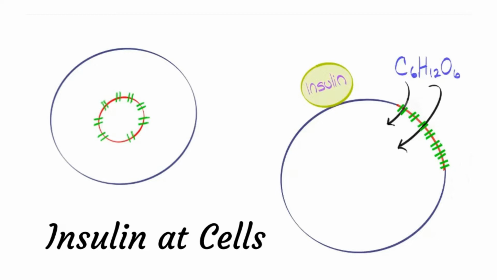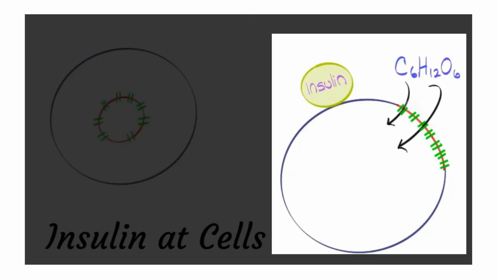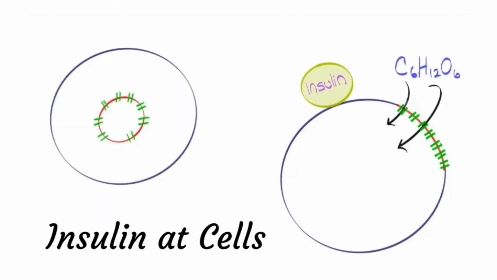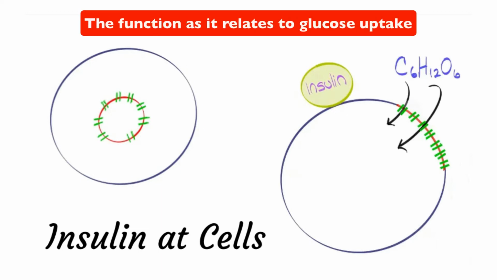But those channels need to be embedded within the membrane of the cell, and that's what we see over here to the right. So via the process of exocytosis, the membrane of the secretory vesicle fuses with the membrane of, in this case, the skeletal muscle fiber to implant those GLUT4 channels, which allow glucose to move from an area of high concentration in the blood plasma into the cell. That's the function of insulin.